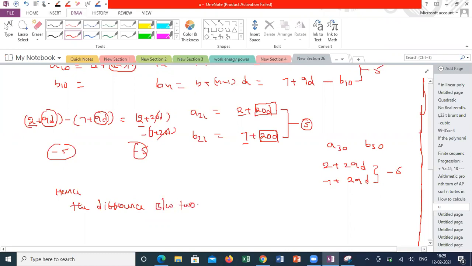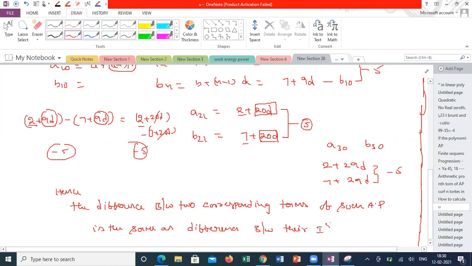This statement is important to conclude your question. Any two corresponding terms of such APs is the same as the difference between their first terms.